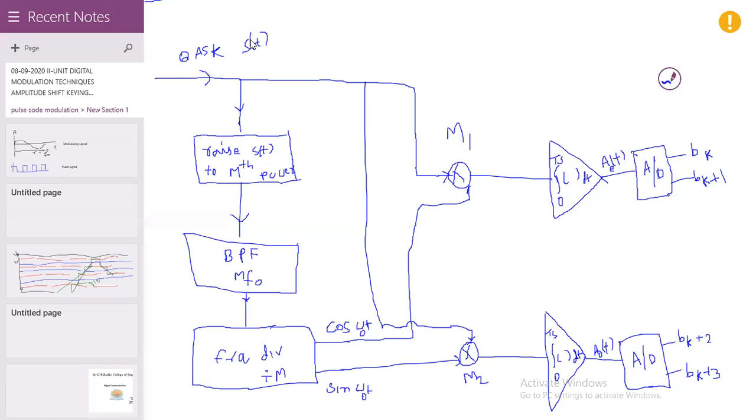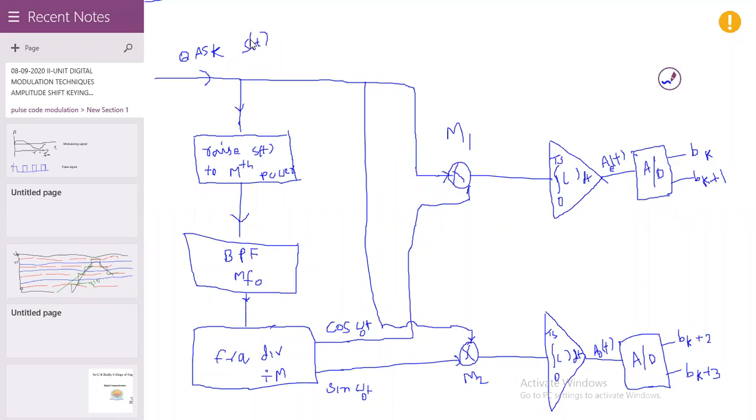Here you can observe that up to this modulation technique, the receiver block diagram is similar to BPSK, QPSK, and M-ary PSK also. In the first three, the phases are different and the amplitudes are constant, the same amplitude for each symbol.